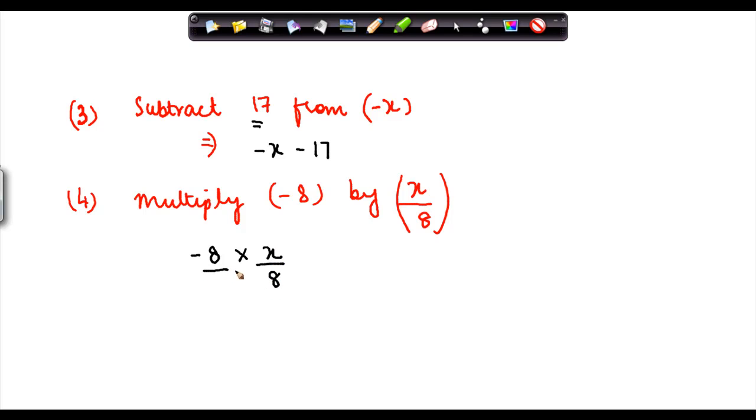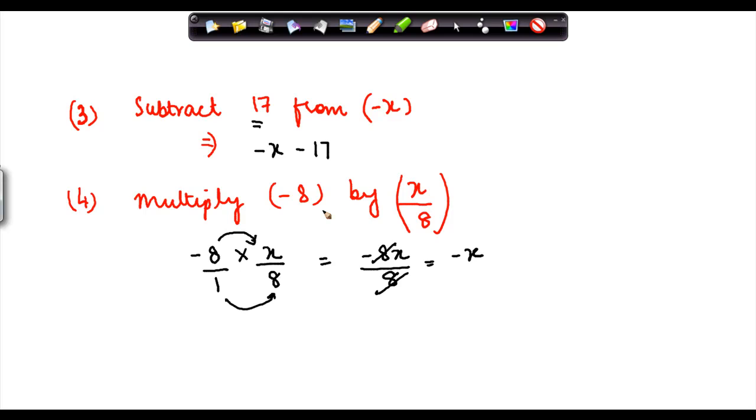Now this can also be written as minus 8 upon 1 into x by 8. Now, which means that I can multiply minus 8 by x and I multiply 1 by 8. Now I know I can strike off this 8 with this 8, and what I am left with is only minus x.